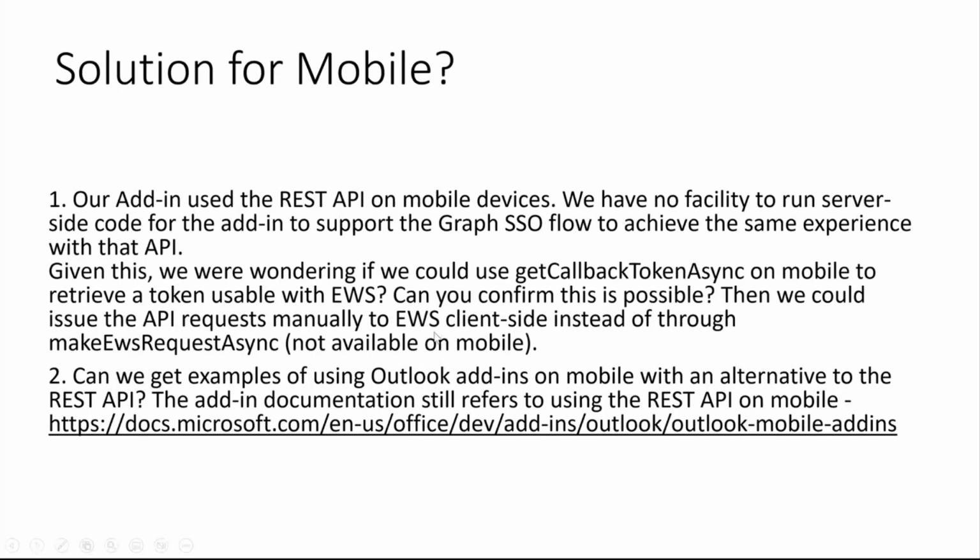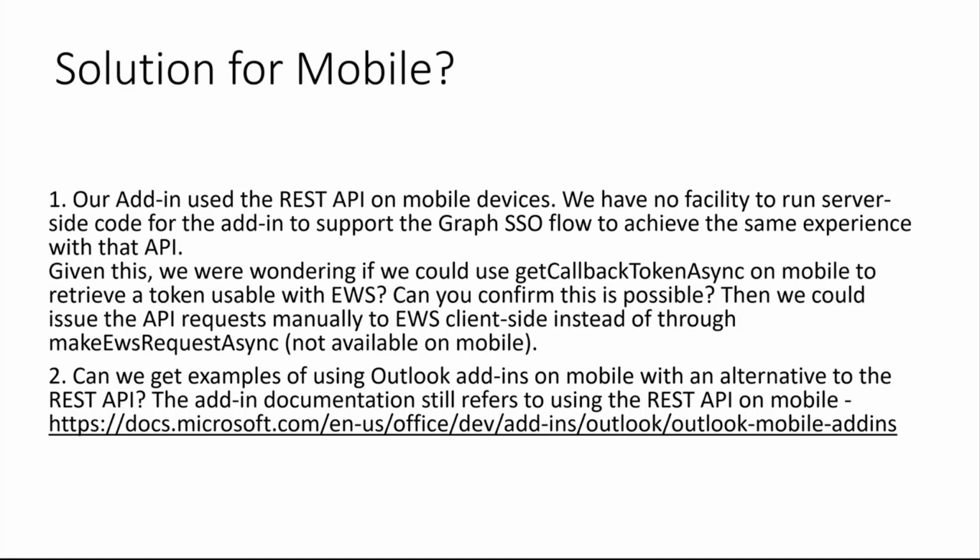Solution for mobile. In mobile, we have a problem because we don't have a very good alternative for the REST APIs, because you cannot call EWS. So the recommendation that we have been giving for folks who have Outlook add-ins in mobile is to basically move the calls to a server, and then from the server, communicate with the Graph. That is in general the approach.